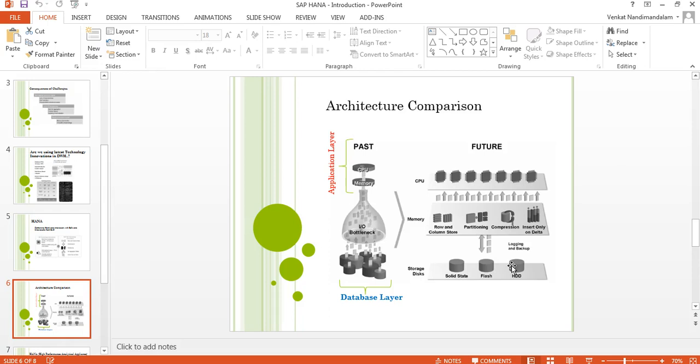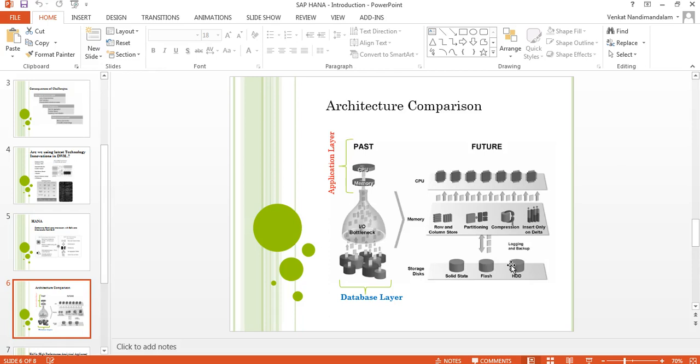When we talk about HANA being memory, what happens if you have a power failure or system shutdown? Whatever you have in RAM will vanish, because it's volatile, not non-volatile. So with a volatile system, you need a backup so that if something goes wrong, you can quickly pick up from that source and put it in HANA.